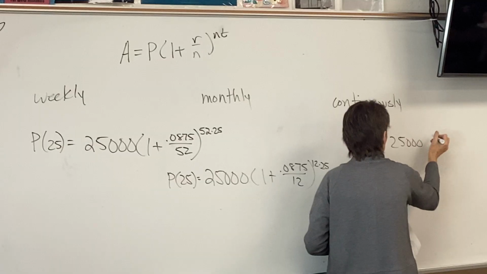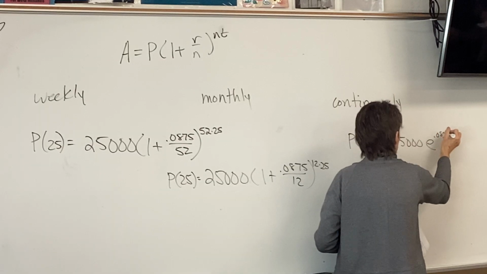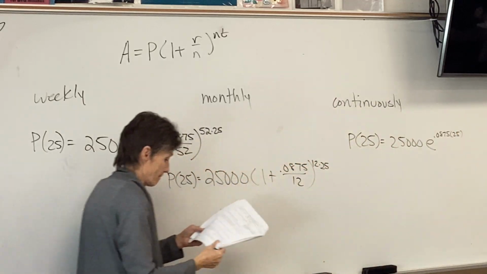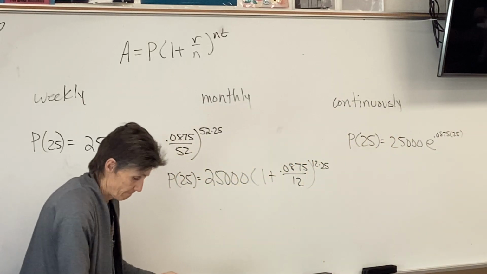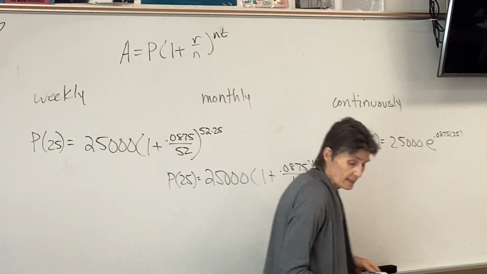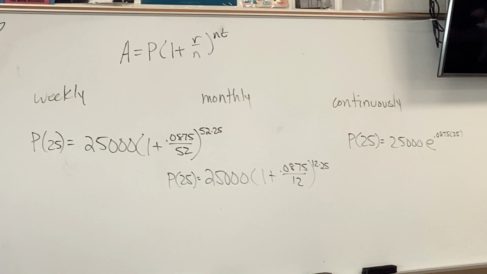So with the 25,000, then e to the 0.0875 times 25. All right, so take a look at those setups. Ask a question if you have it. We just kind of snuck those formulas in. We didn't really talk about them.